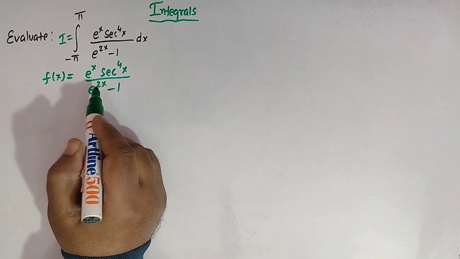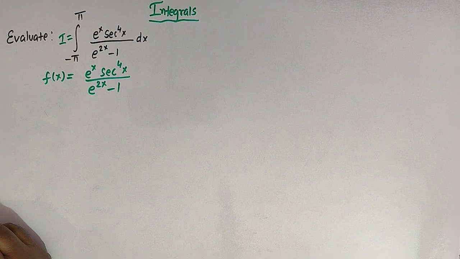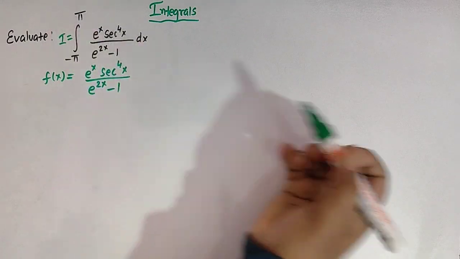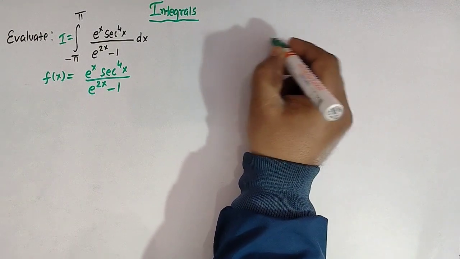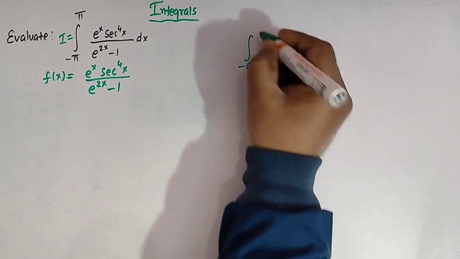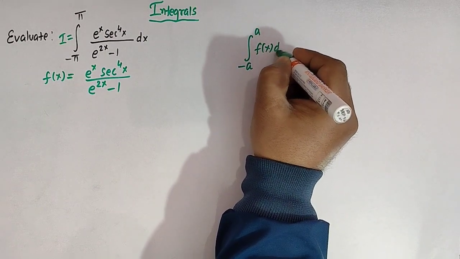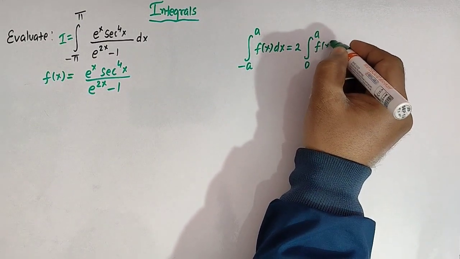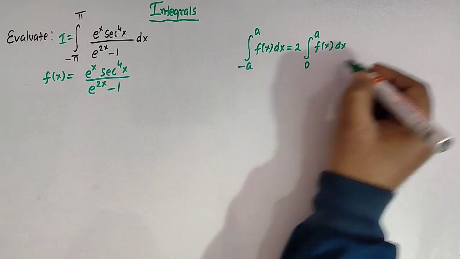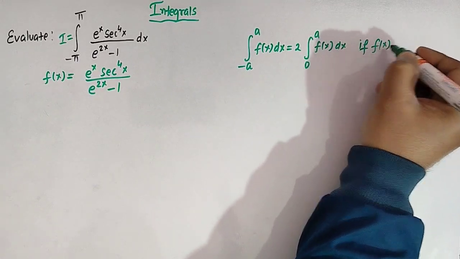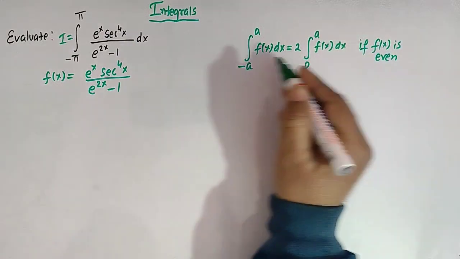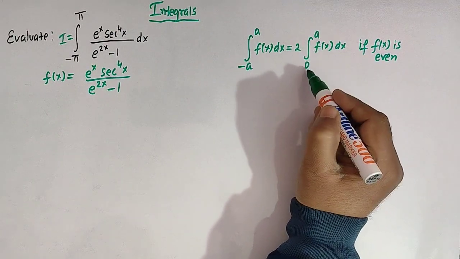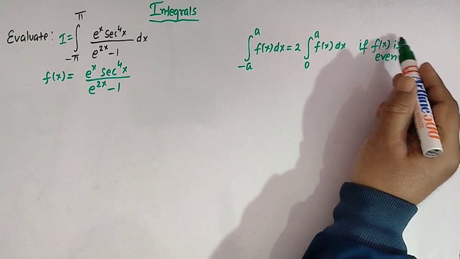Now we'll see whether this function is even or odd, because here we have the limits from minus pi to pi, and from definite integrals we know this important property: the integral from minus a to a of f of x dx is equal to 2 times the integral from 0 to a of f of x dx if f of x is even.